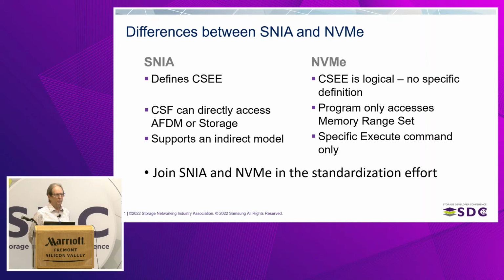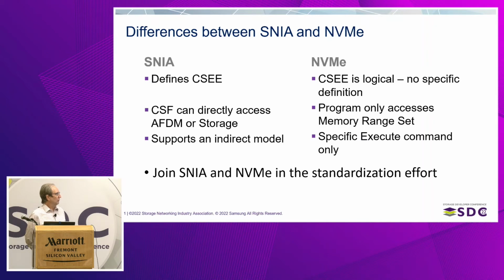This is partly because there's a lot of security issues if you allow access to something beyond a fixed set of memory range sets that a program can access. So trying to avoid some of those security holes, we have started out with only allowing access to memory range sets. There has been discussion about the ability to have programs directly access storage, and that is something that we may very well do in the future.